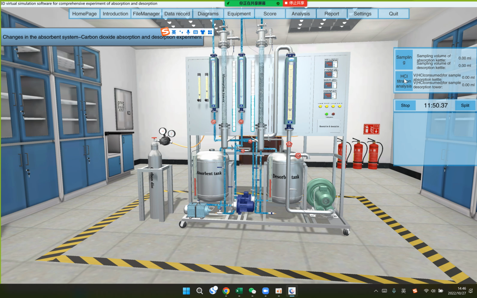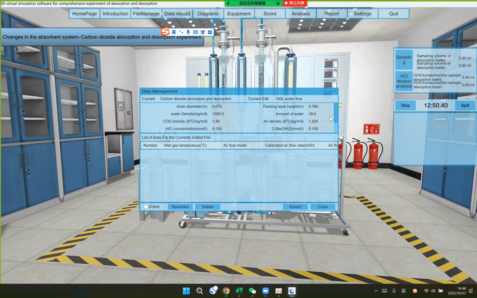If you find the data record here, it contains some values you may use for the calculation for the titration, like the carbon dioxide density at 20 degrees, and also the air density and the HCl concentration, because it's an acid-base titration experiment.